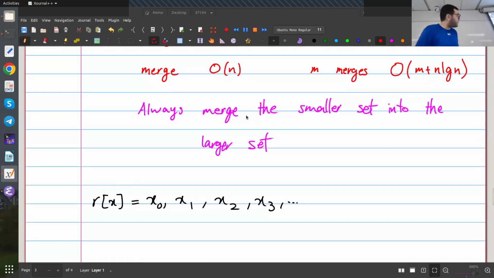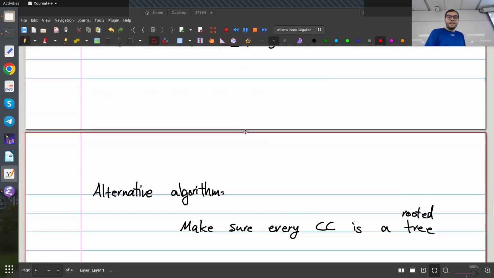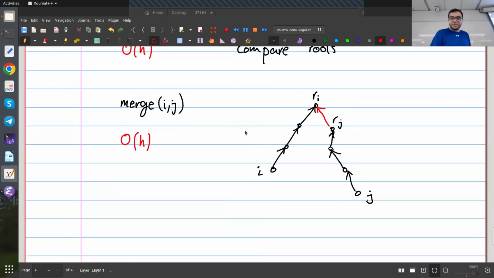Now, remember this golden rule. Always merge the smaller set into the larger set. I can do the same thing here. So when I have 2 trees and I want to merge them together, I have to take the root of one tree and make it a child of the root of the other one. Now, I can say I just keep track of the size of each tree.